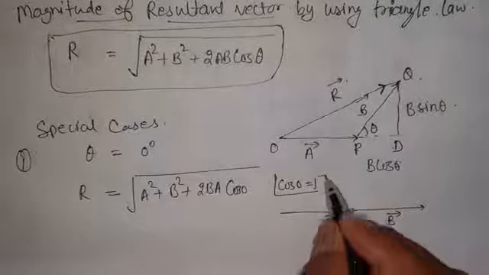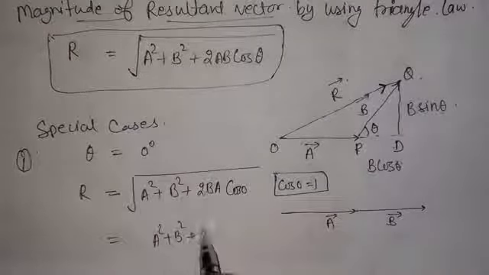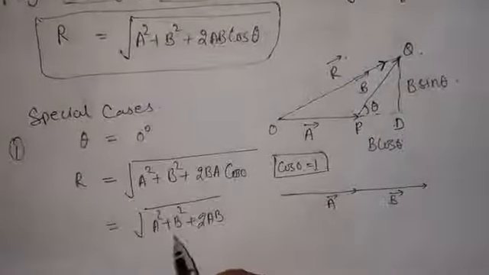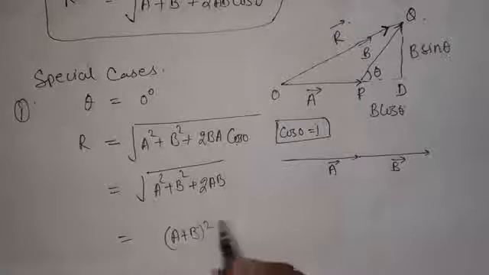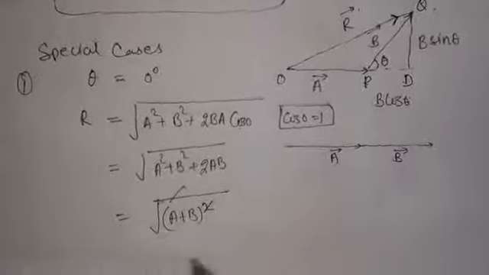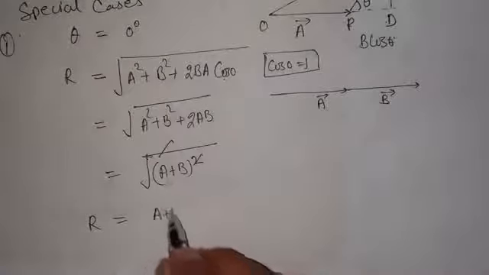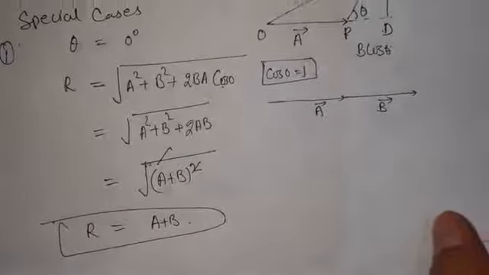So therefore we get A square plus B square plus double of AB whole under root. Now it is going to be the formula which is A plus B whole square. Now whole under root is there, so under root and square will cancel and thus we get that magnitude of resultant vector will be A plus B. This is simple, which we already studied.